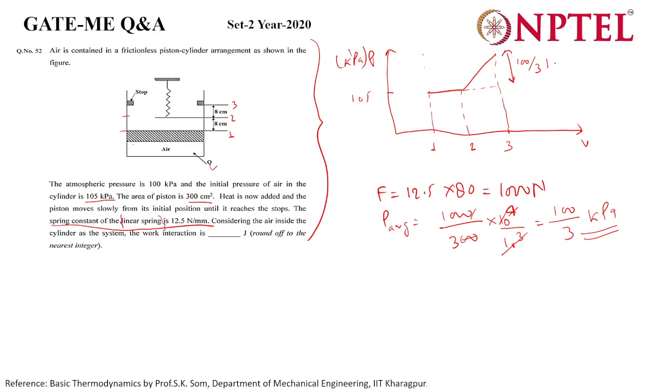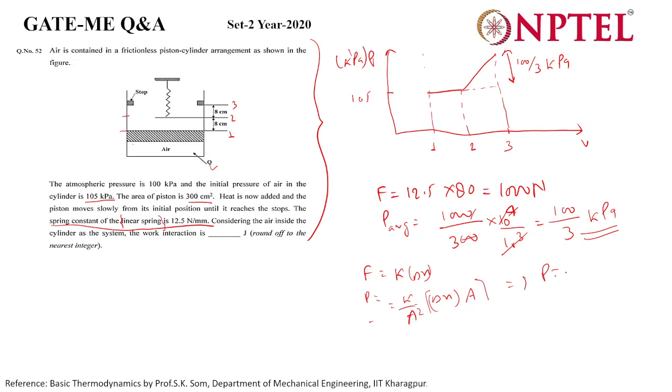Sir, the slope of this will be k by a square, right? That you can easily find. That F is equal to kx, k delta x, and pressure is what? P by a, k by a, and delta x, and you want P and V. So P is here, and to make V, multiply a both sides.